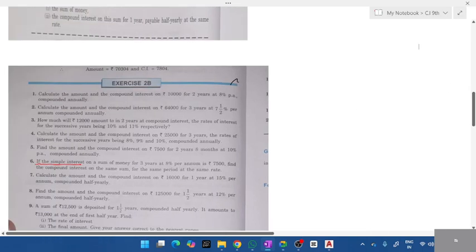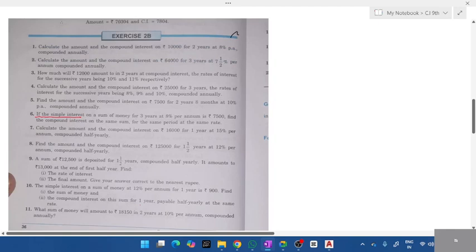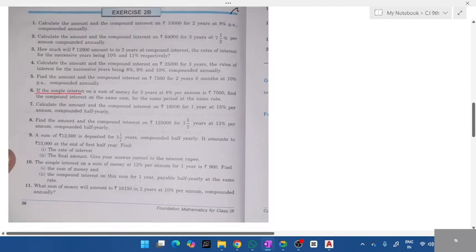Okay, next question, students. You all tell me how do we solve the next one? All of you read the seventh one. What are we supposed to calculate? Calculate amount and compound interest.